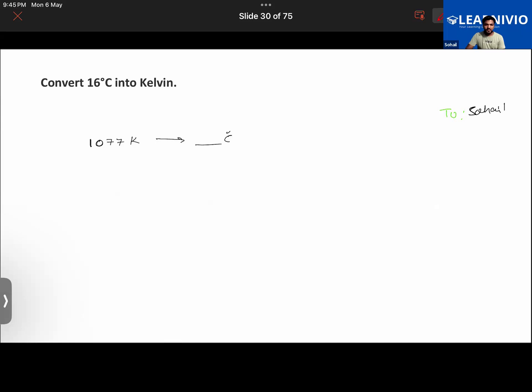Do let me know if you need help in solving this one. Don't wait that much. Tell me, in order to convert from Celsius to Kelvin, what has to be done? Yeah, Abu, that is correct.